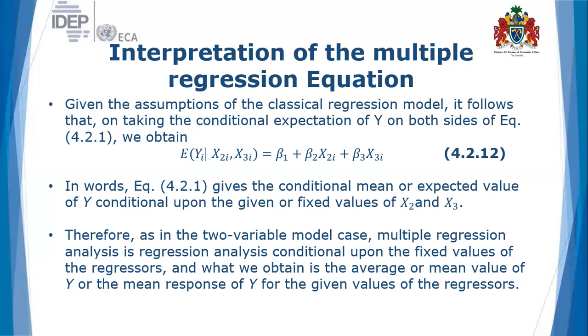So in multiple regression analysis, we seek the mean value of y based on the given values of the explanatory variables x2 and x3 and other explanatory variables that may be included in the model.